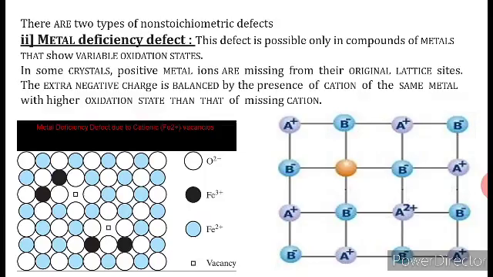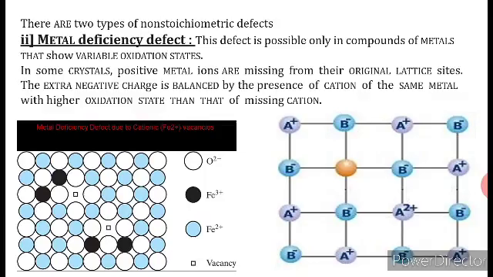So two Fe2+ ions are missing, which means 4 positive charges are less in the crystal lattice. So 4 Fe3+ ions are present in the crystalline solid, meaning 4 extra positive charges, which balance the 4 positive charges lacking due to the absence of 2 Fe2+ ions.